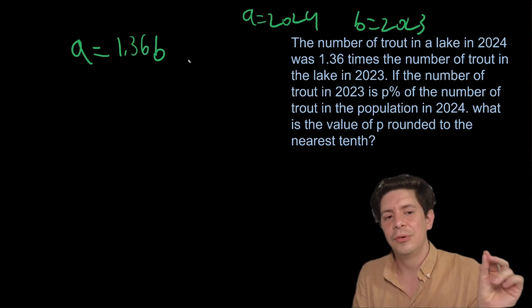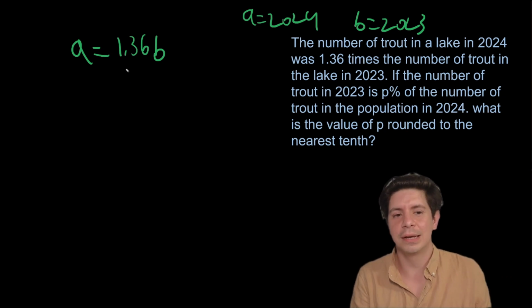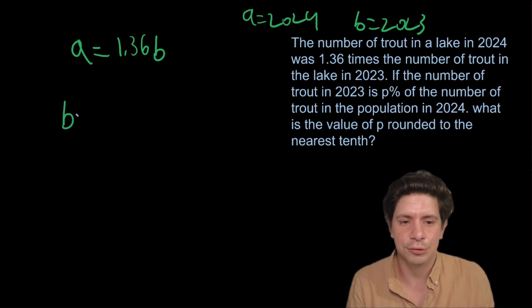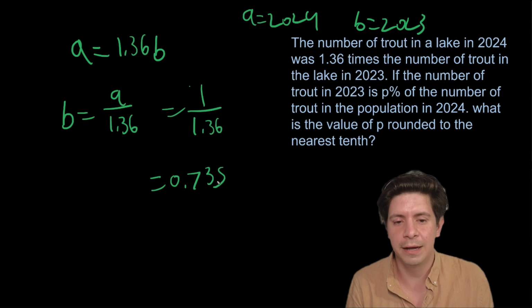It's not what is A as a percentage of B, it's what is B as a percentage of A. So we have to isolate B here and do B equals A over 1.36. And when we do that, that's really doing 1 divided by 1.36. And that's going to give us something like 0.735. And they trick you here.